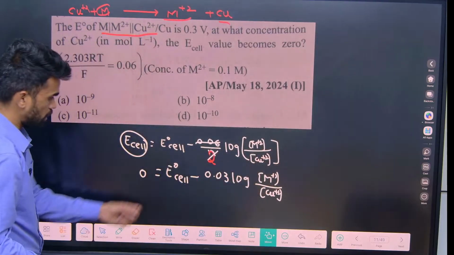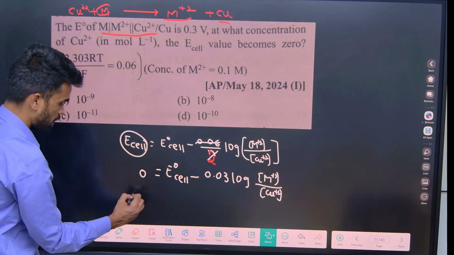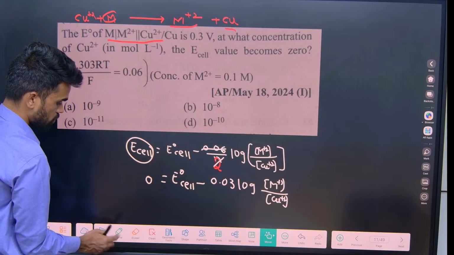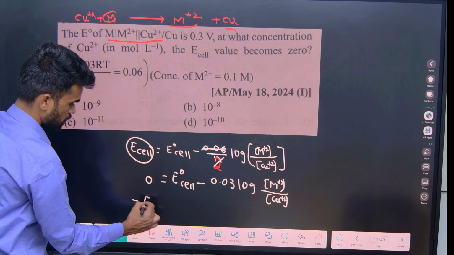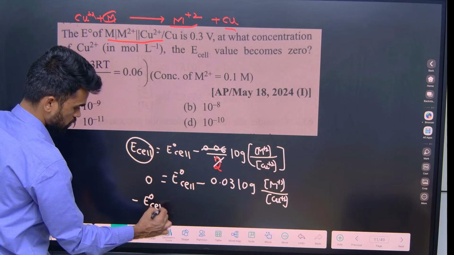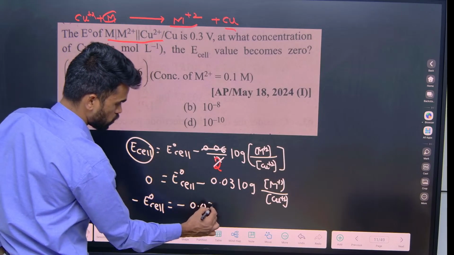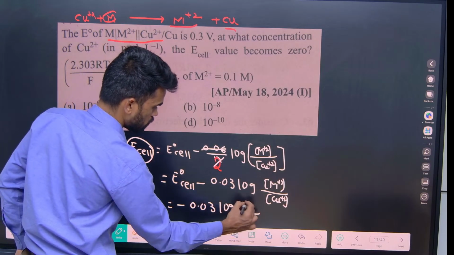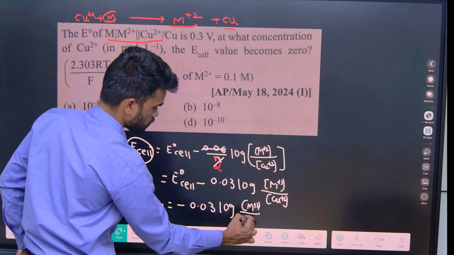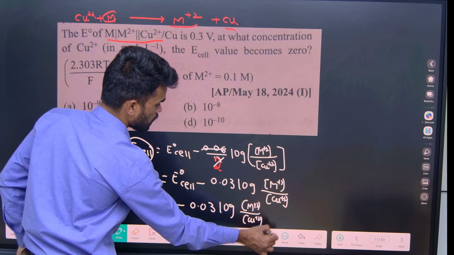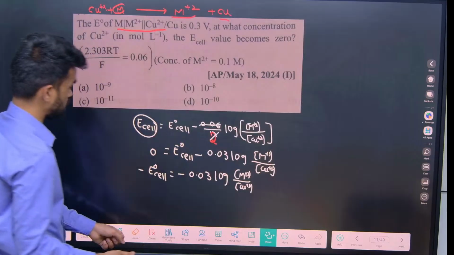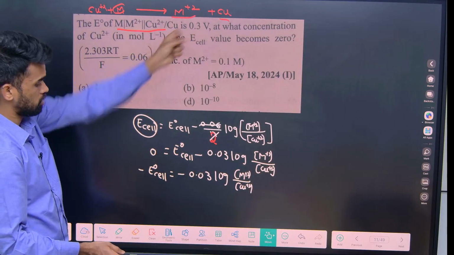Yeah. Now if I bring this side, minus E naught cell equals minus 0.03 log of M plus 2 by Cu plus 2. Now look at this. What is the standard electrode potential mentioned?